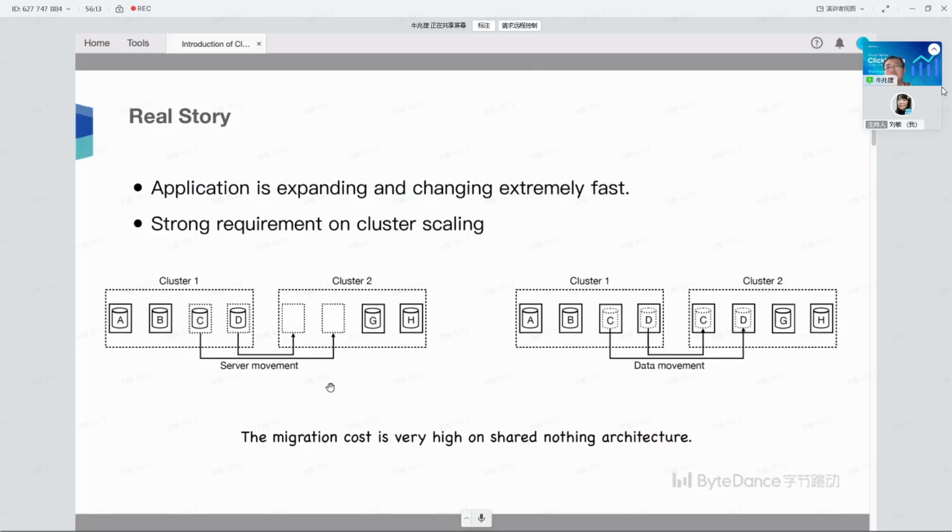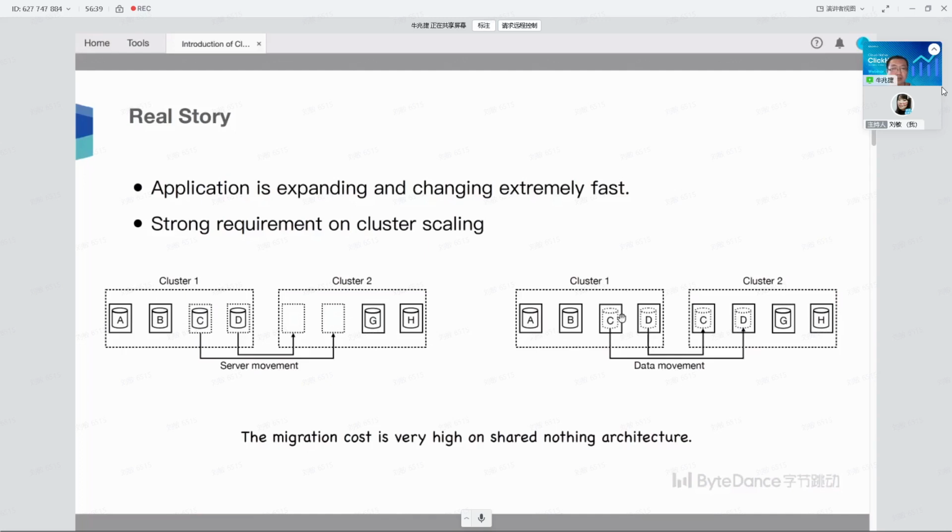You will notice it has a very high cost on server movement, which means we have a lot of overhead on data movement and rebalancing. Sometimes we will miss the best time to do the cluster scaling on time.